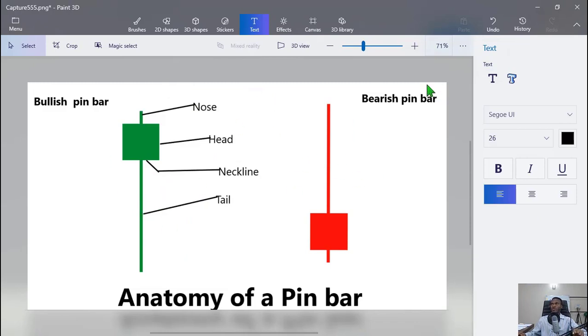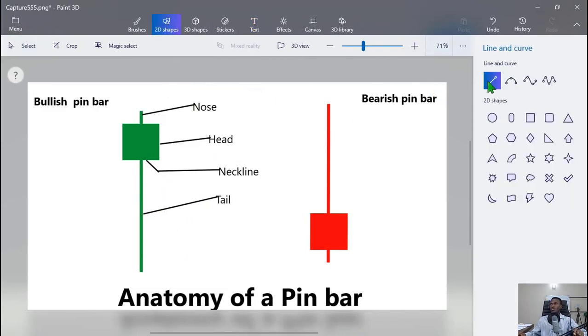The same goes for the bearish pin bar. I'm just going to quickly mark all these parts. We have the nose, we have the neck. Let's get the labeling here.